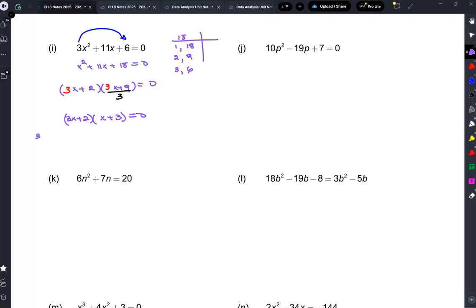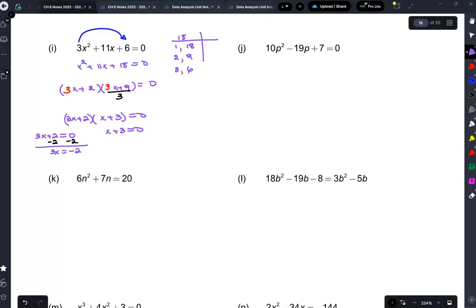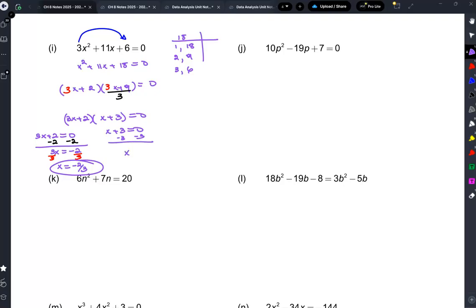So 3x plus 2 is equal to 0. x plus 3 is equal to 0. Minus 2, minus 2. 3x equals negative 2. Divide by 3. Negative 2 over 3. Minus 3. x equals negative 3.